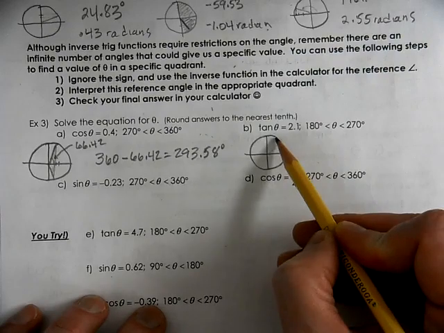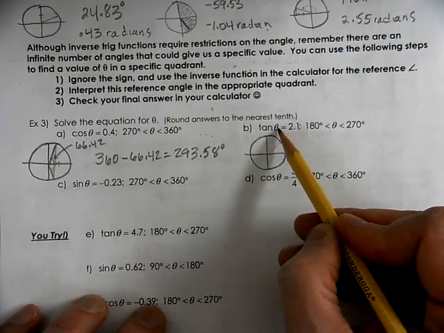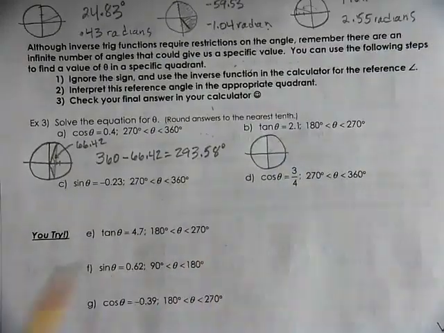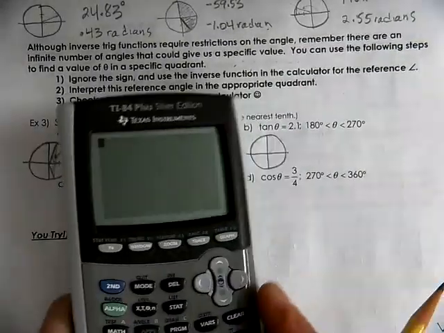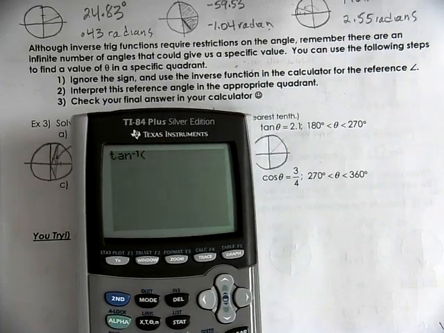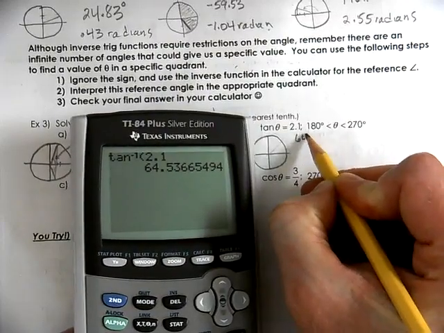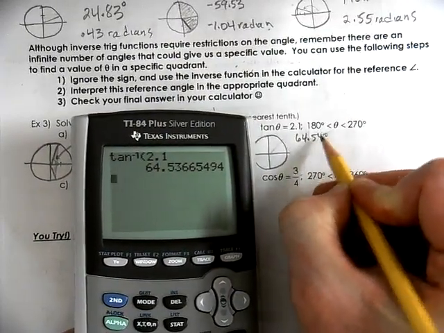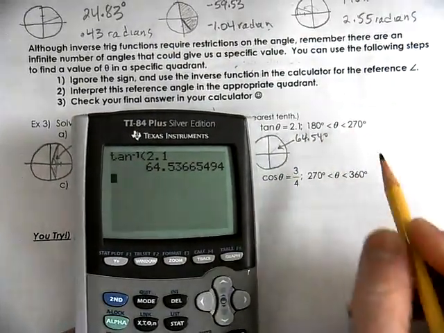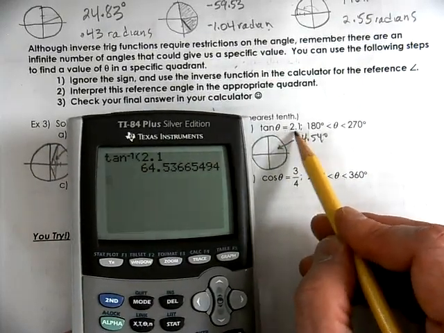Remember, tangent is y over x. So for the y to be bigger, we're going to get a value that's bigger. So we do tangent inverse of 2.1, and that gives us a 64.54 degree angle.